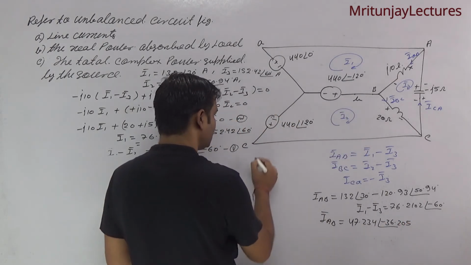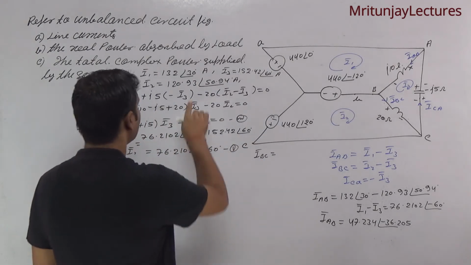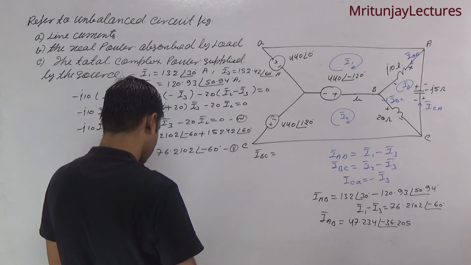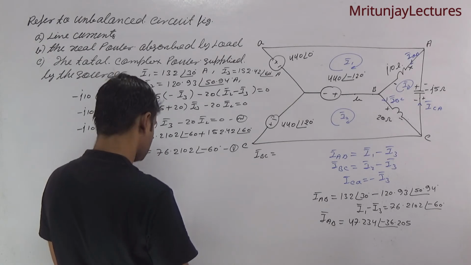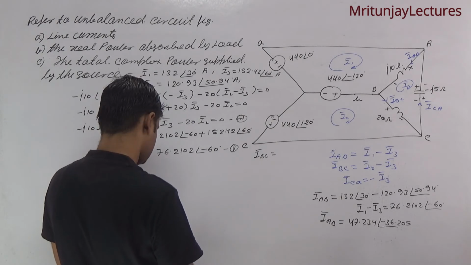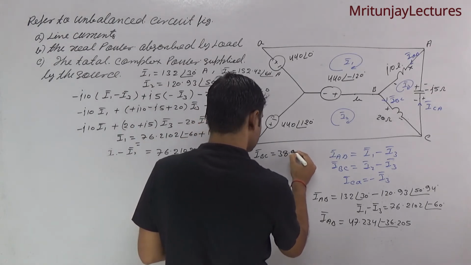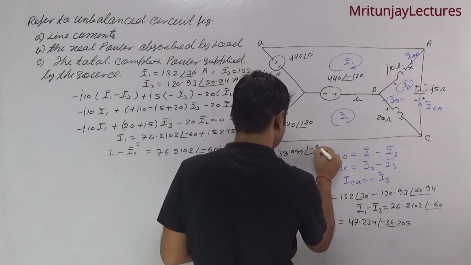Okay, what about I of BC? I of BC means I2 minus I3. I2 like this one and I3 like this one. So 120.93 at the angle 50.94 minus 152.42 at the angle 60, we got 38.099 at the angle minus 90.